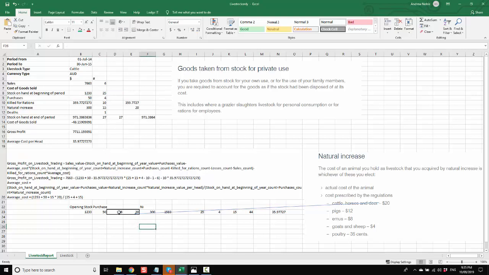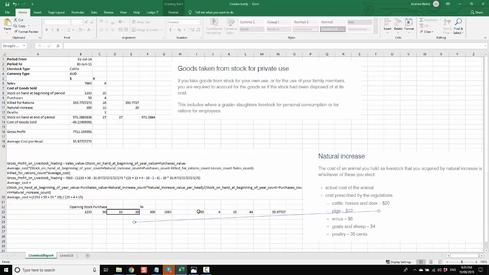Okay, so what we're doing here is we're arriving at this total of 300, as we know. So we've got a natural increase total 15 times 20, 300. Let's just move that out the way. And we're adding our opening stock, purchases, natural increase, so that all works.